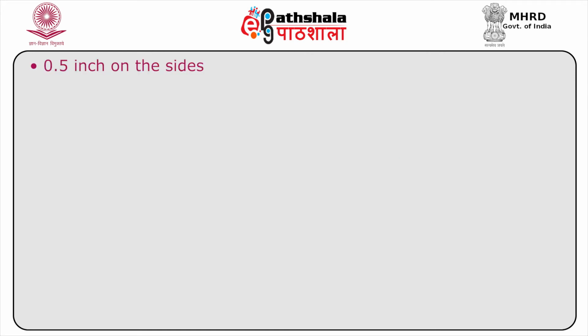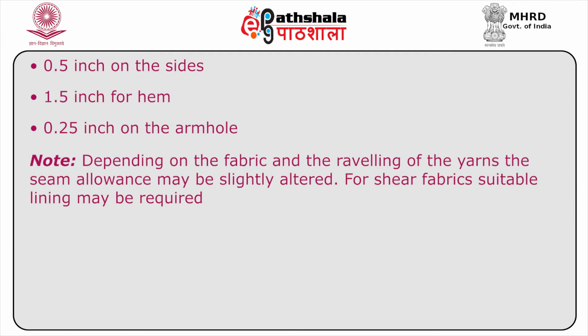Add 0.5 inches on the sides, 1.5 inch for hem, 0.25 inches on the armhole. Please note that depending on the fabric and the raveling of the yarns, the seam allowance may be slightly altered. For sheer fabrics, suitable lining may be used.